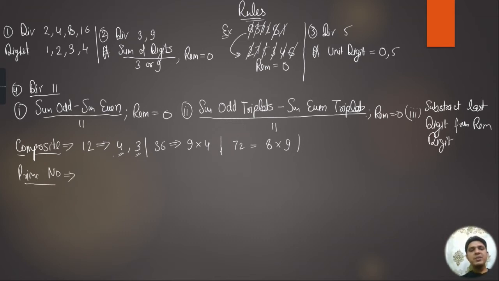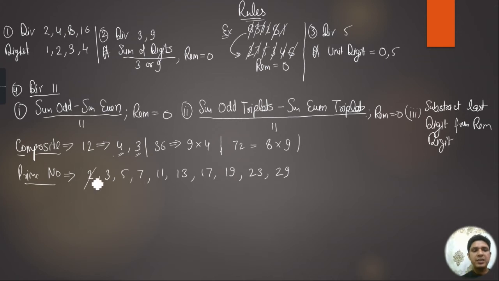Okay. Apart from this, there are some rules of divisibility of prime numbers. What are the prime numbers, students? Prime numbers start from 2, 3, 5, 7, 11, 13, 17, 19, 23, 29, etc. Right?